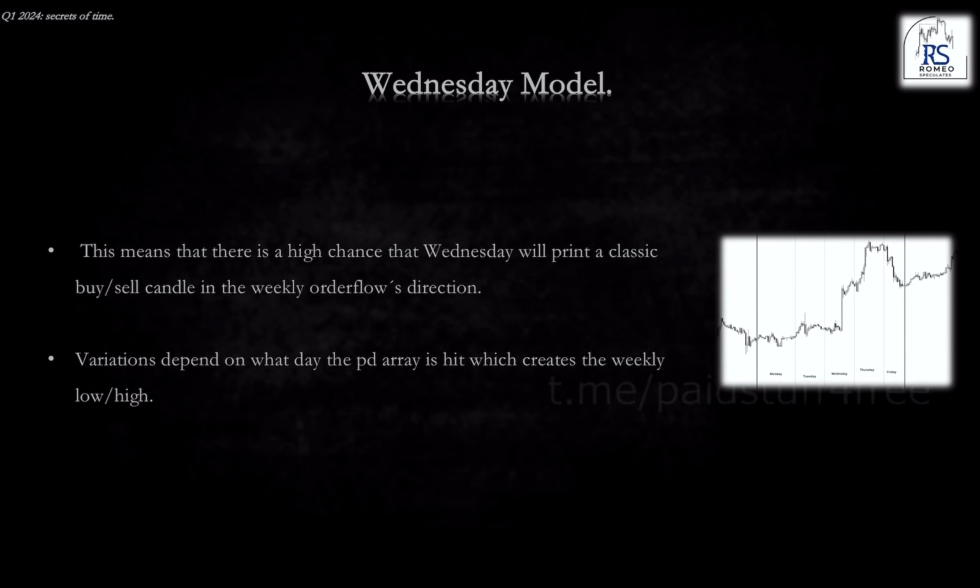Now, taking into consideration the two previous data points, this means that there's a high chance that Wednesday will print a classic buy/sell candle in the weekly and daily order flow's direction. It's not a guarantee. And when I say buy and sell candle, I say it loosely, because for me, as long as I can buy below the open and sell at the open, that is a success.